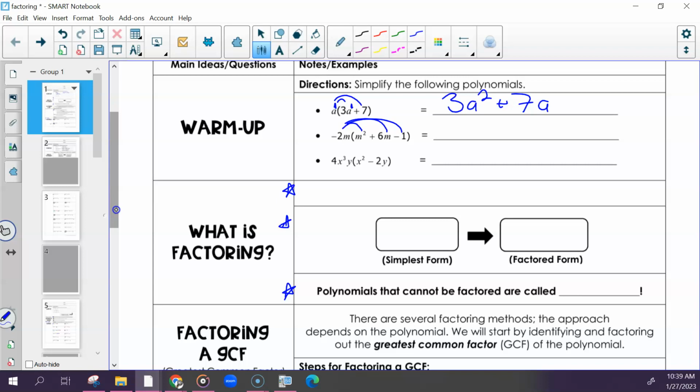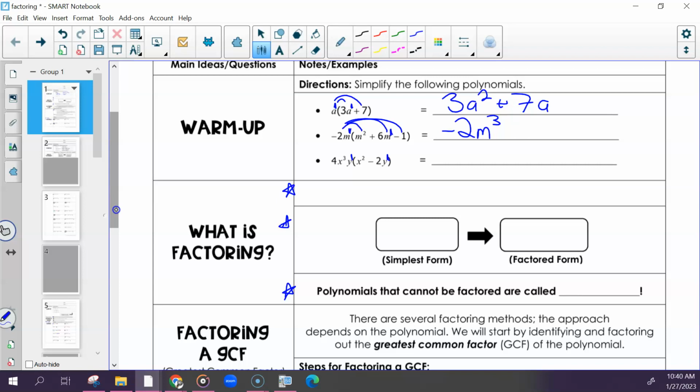Multiply the numbers first. When you're multiplying the variables together, you're adding the exponents. Anytime you don't see an exponent, it's 1. Negative 2 to the third power, right.